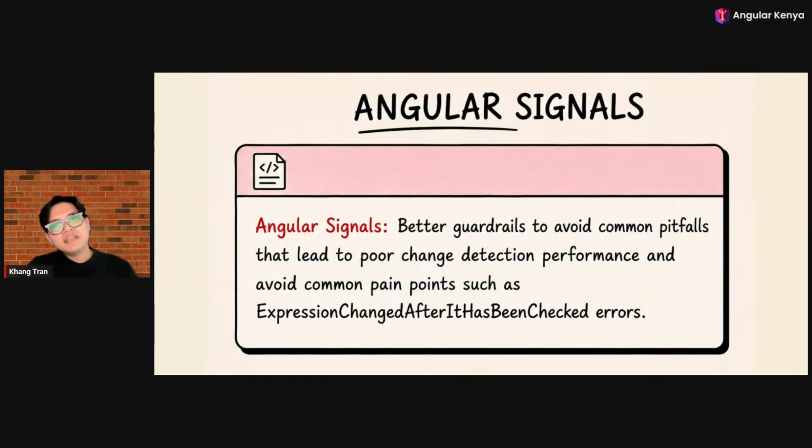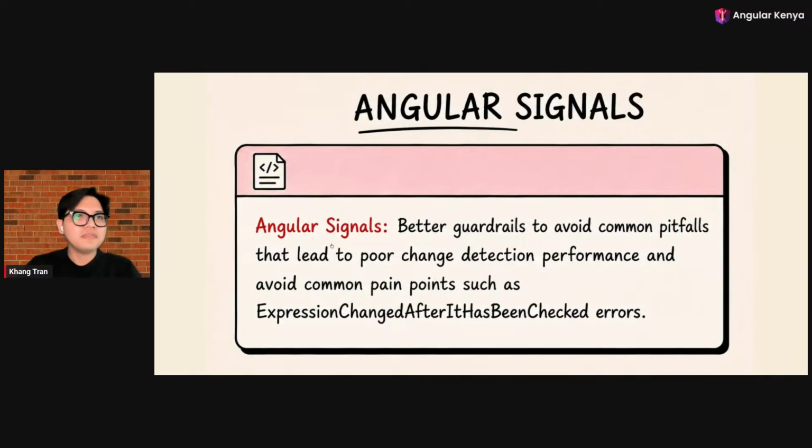Then back in 2023, when the Angular Renaissance started by introducing a new primitive for the framework, a lot of ideas from that RFC were interesting, but one line really stood out to me.